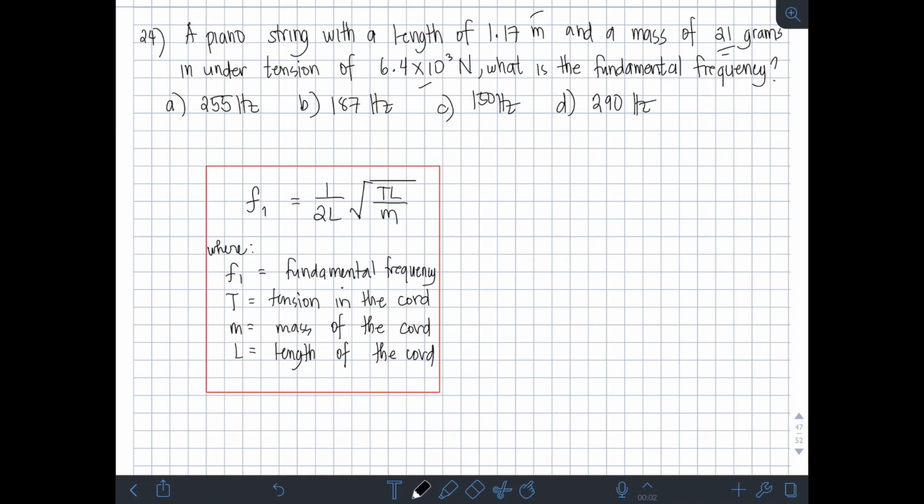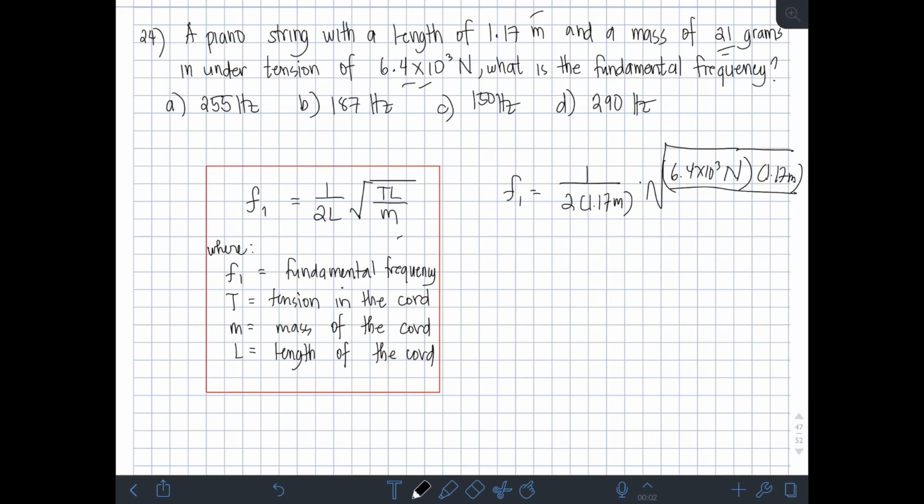So, substitute lang natin. Fundamental frequency is equal to 1 over 2 times length. Dapat in meter siya, right? So, 1.17 meter, square root of, yung tension natin is dapat in Newton. So, 6.4 times 10 raised to the third Newton. Then, yung length ulit na 1.17 meter divided by yung mass na 21 grams.